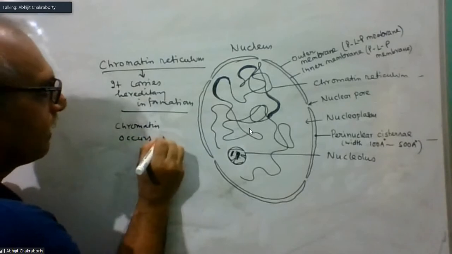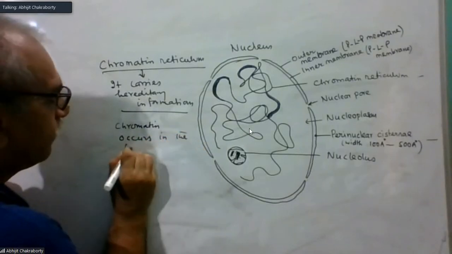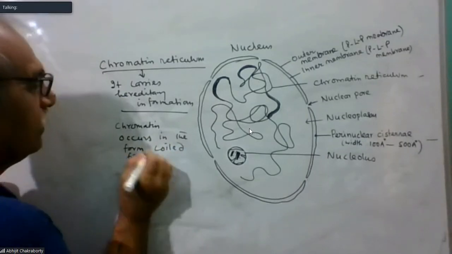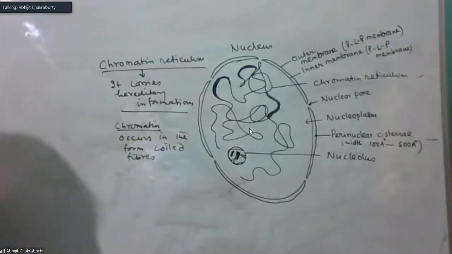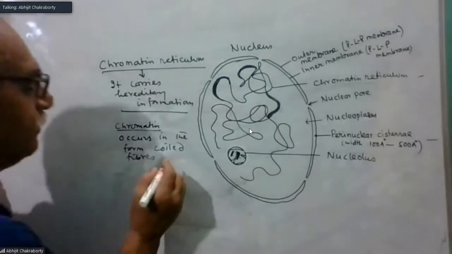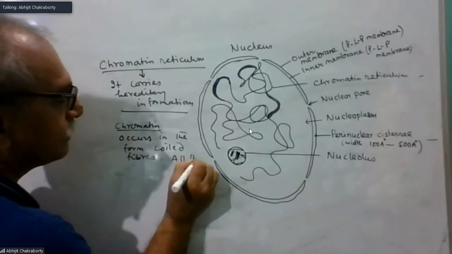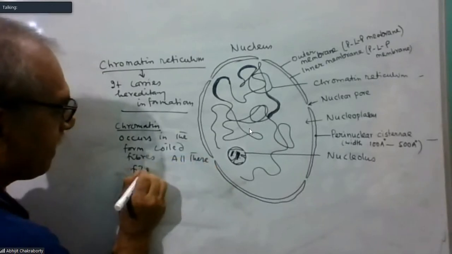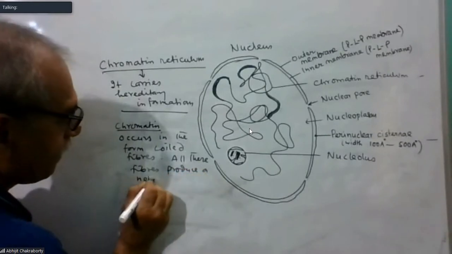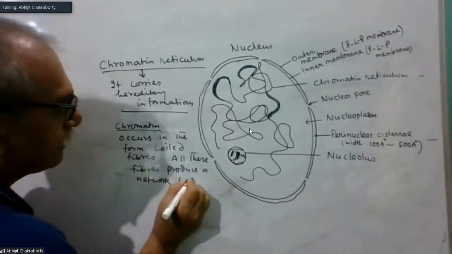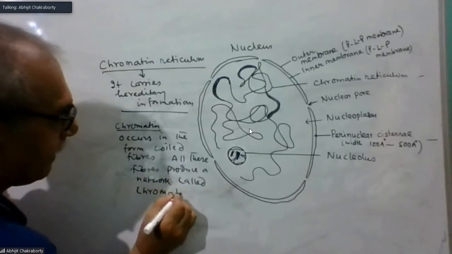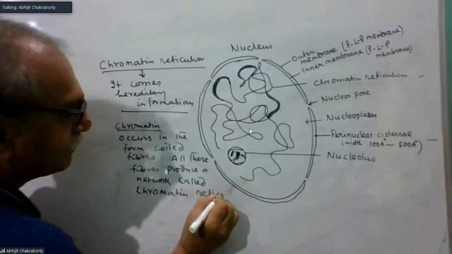Chromatin occurs in the form of coiled fibers, and all these fibers produce a network called chromatin reticulum.